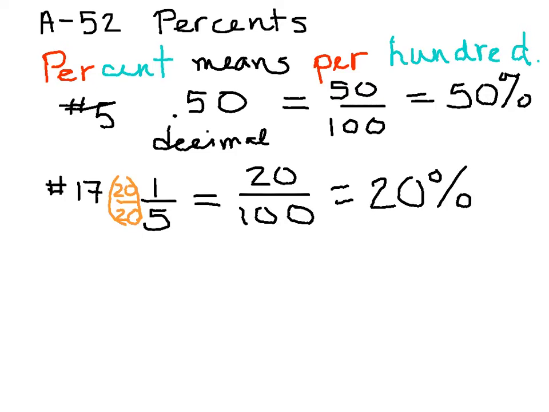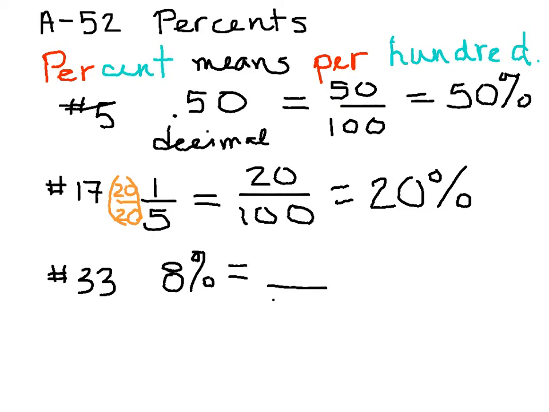All right, let's do yet one more. I want to write a percent as a decimal, so let's do number 33, and that says I have 8%. Well, I need to remember that a percent is what?